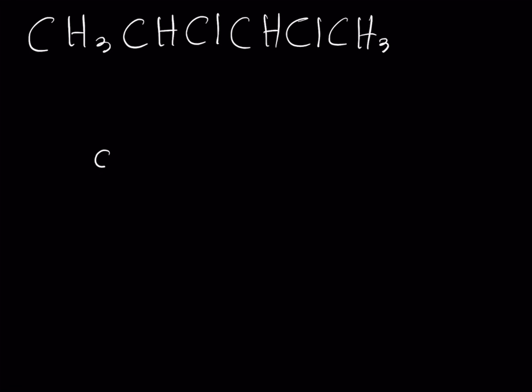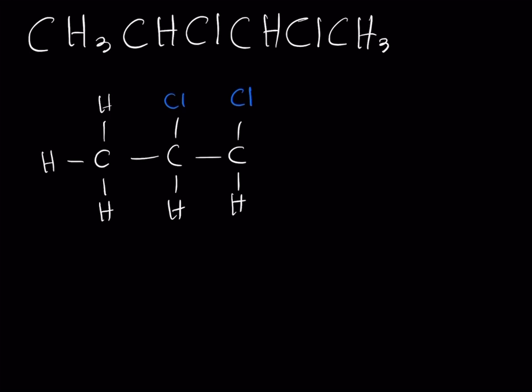So first we start with the CH3, then we have a CH, then we have a chlorine, we have another chlorine on the next carbon, then we end with a methyl. We have 4 carbons in the main chain, then we have 2 chlorines on carbon 2 and 3.